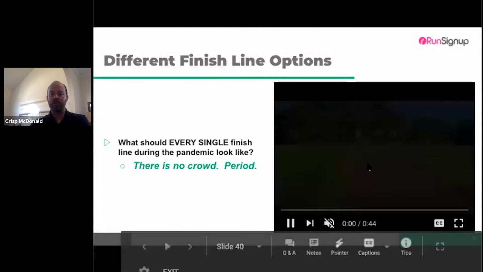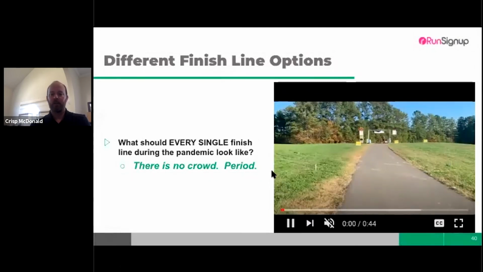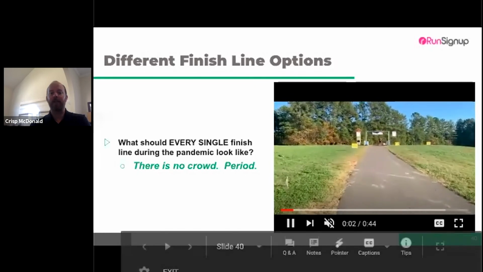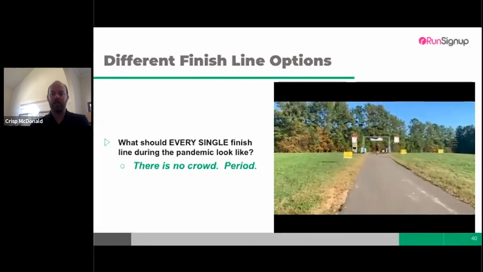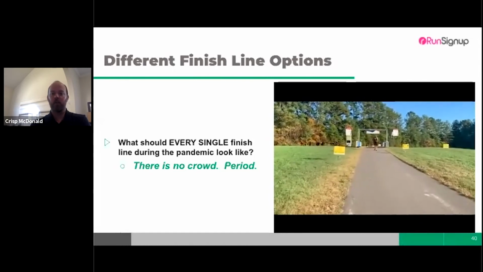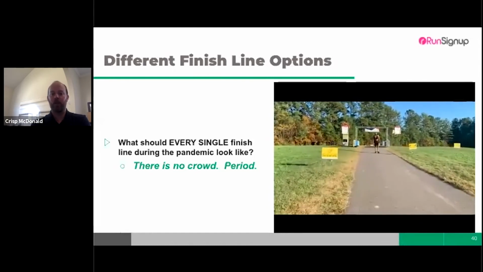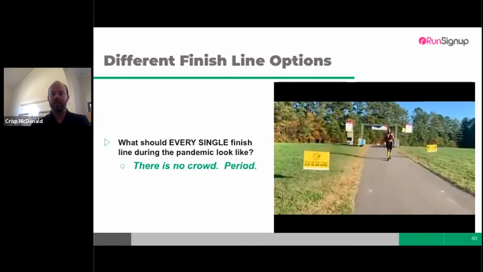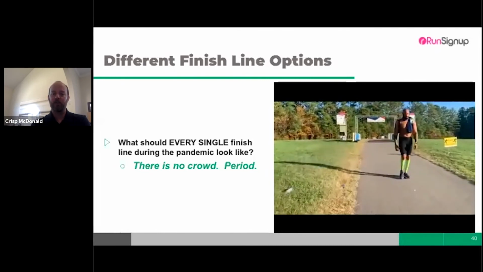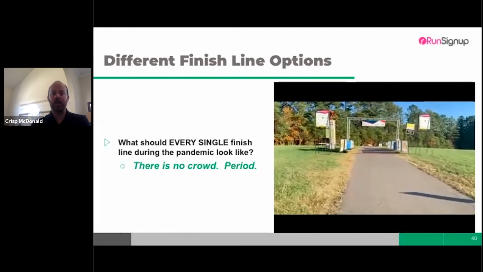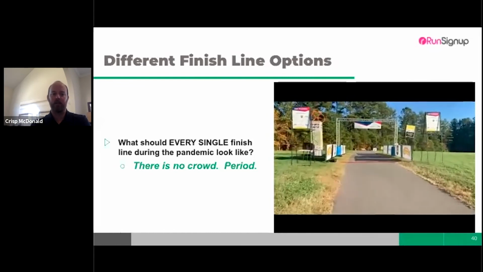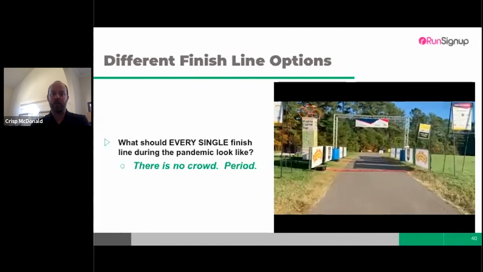This is the same event, active on the course, and one person is finishing. This is the middle of the event, no spectators. This is the way it should be right now. We want a socially distant approach to racing, and by this event spreading things out, they didn't have any issues with crowding. They put this race on for 16 days.